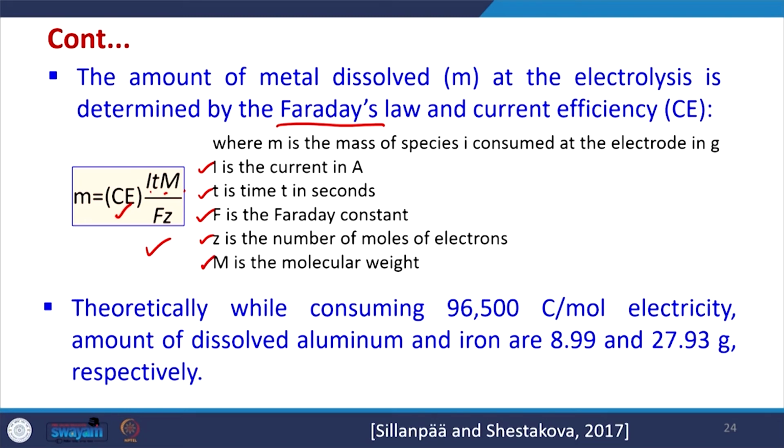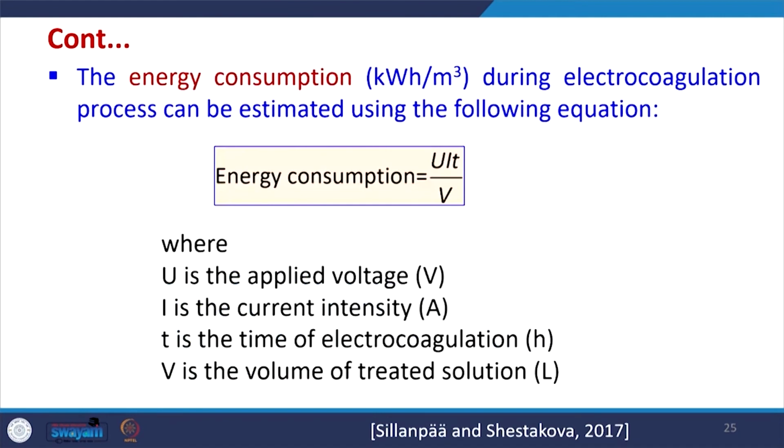Theoretically, while consuming this much coulomb per mole of electricity, the amount of aluminum or iron dissolved should be this, but it may be different, and by manipulating this we can slowly release the coagulant as per our desirability. This type of calculation can be done for the electrocoagulation system also.